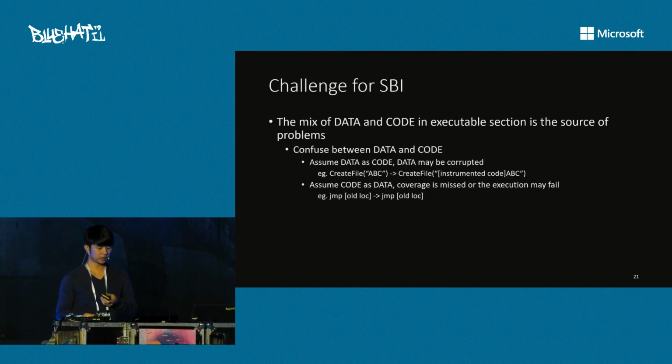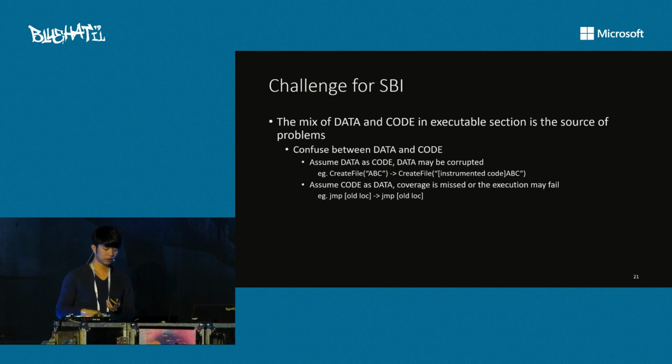But here is another kind of problem, and it is hard to solve. And that is the confusion between the code and the data. Sometimes IDA may assume the data as code, or assume the code as data. For example, a string argument ABC here, which is in the executable section, is incorrectly assumed as code.